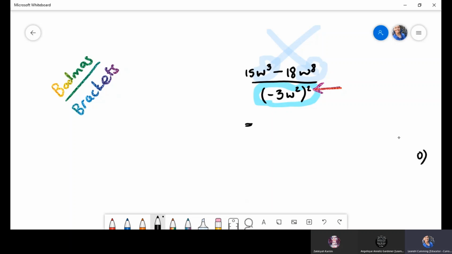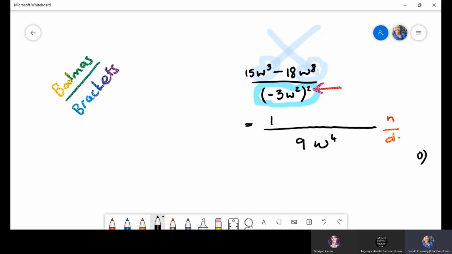So if I still leave my numerator and denominator in its place, I'll work accurately once again, and I look at negative 3 to the power of 2 gives me a positive 9. W to the power of 2, which is then still to the power of 2, becomes W to the power of 5. So I've already now simplified the denominator.